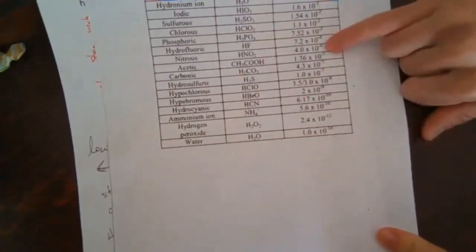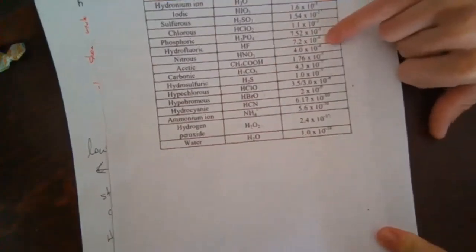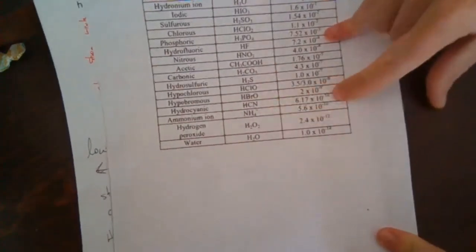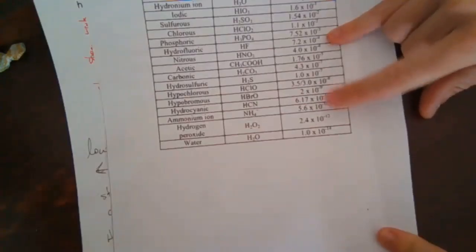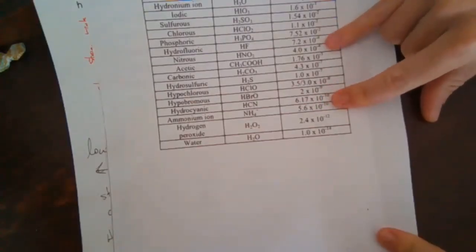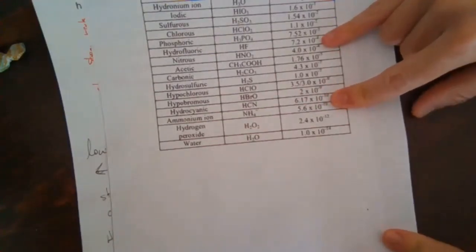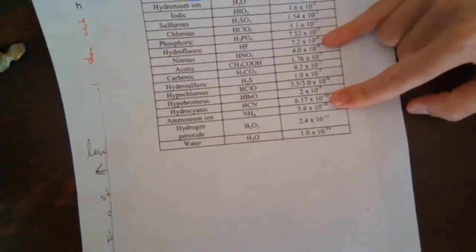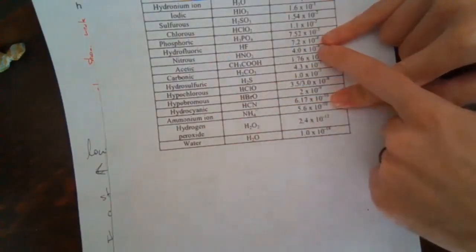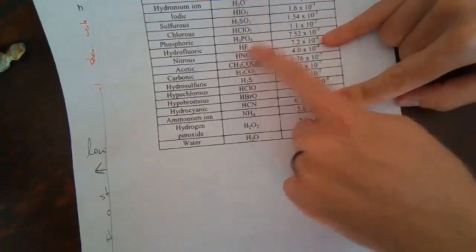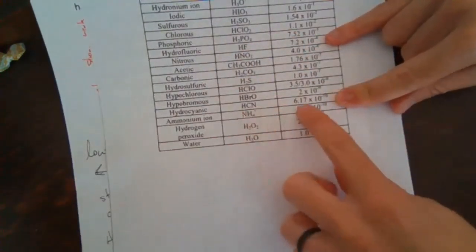So HF is 7.2 times 10 to the negative 4. HCN is 6.17 times 10 to the negative 10th. This value is lower than this value. HF is a weak acid, but it is stronger than HCN based off the size of Ka. When HF reacts with water, more hydroniums will be produced than when HCN reacts with water.